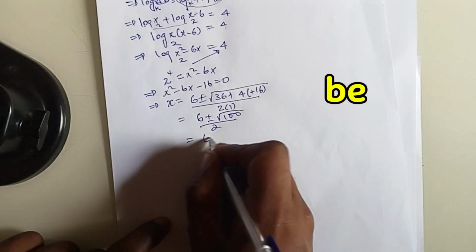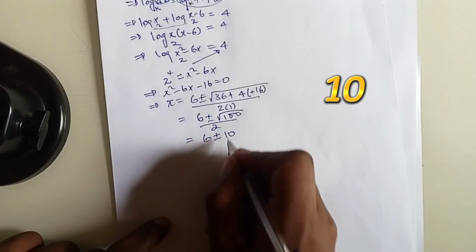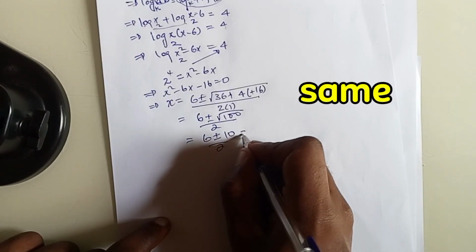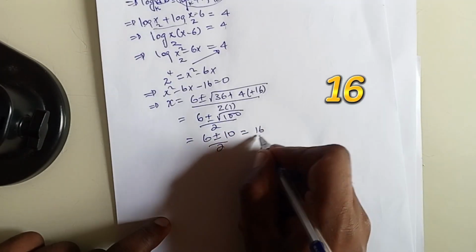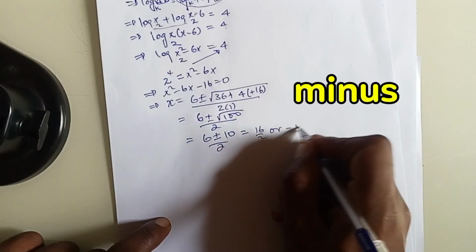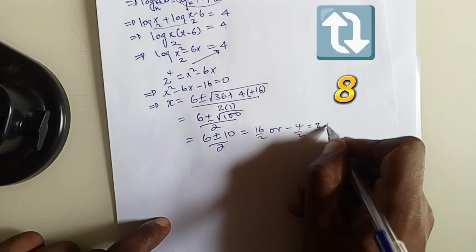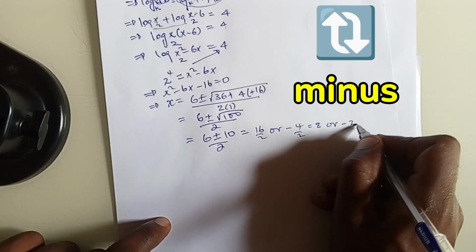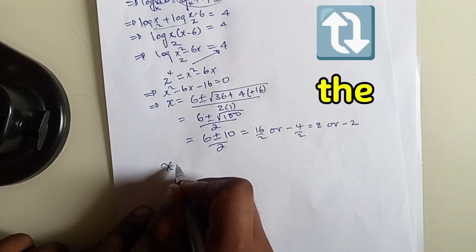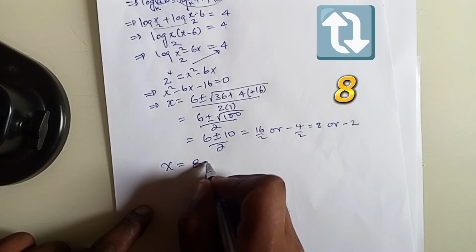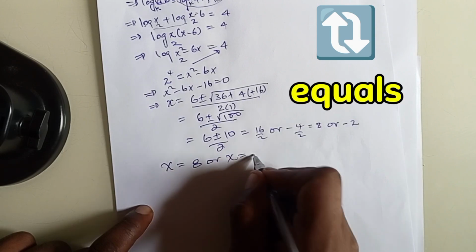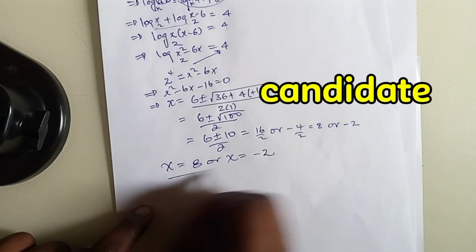So 6 plus or minus 10 over 2, which is 16 over 2 or minus 4 over 2. So x is 8 or x is equal to minus 2 is a candidate solution.